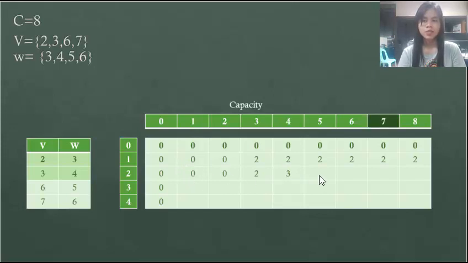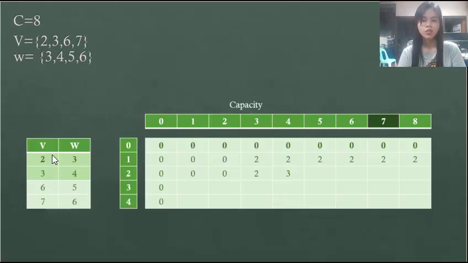For the next capacity, we must consider the item we've included before. So now, we will consider the first and the second item. The weight of the first item is 3 plus the weight of the second item is 4, equals 7. So we will fill the column 7 with the total value of the first and the second item.